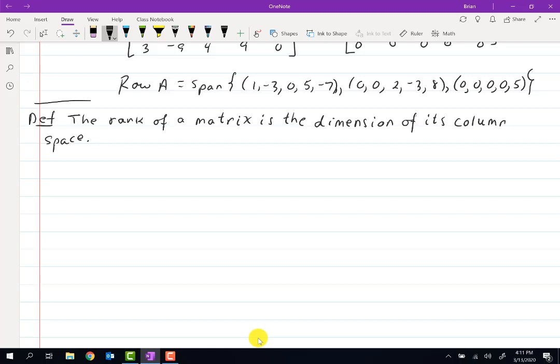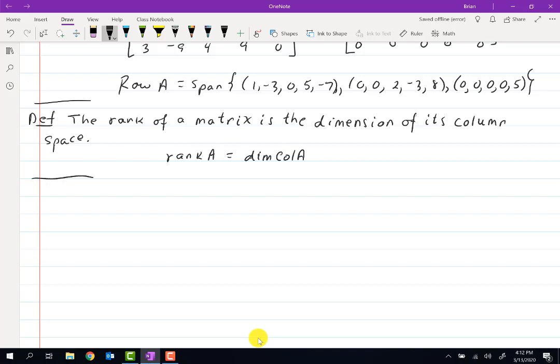In other words, just in symbols, rank A, this is the notation. In fact, I believe that a lowercase r is used for the rank. I don't know why, but rank A is equal to dim column A.